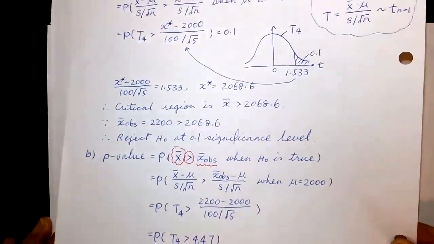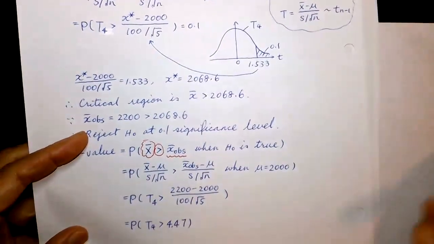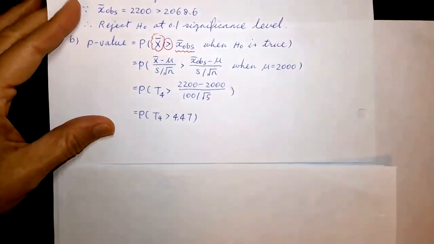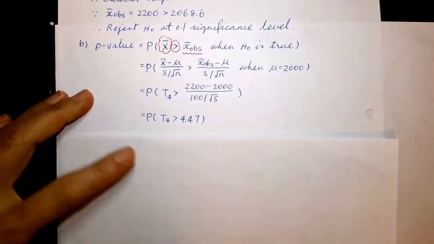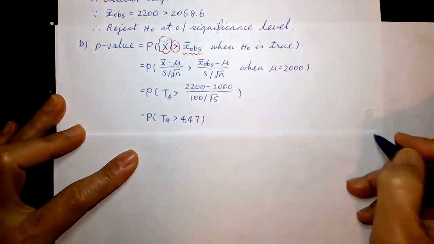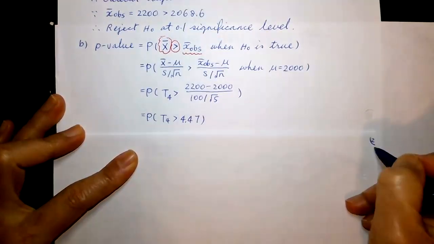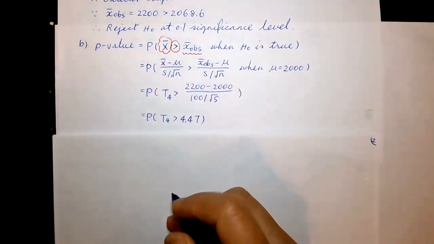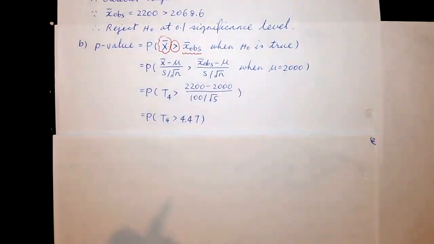I showed you how to do this trick, but I don't know if you still remember. We have to do a little trick here because this 4.47 is most likely not available on the T table. Okay, I have to find the T table somewhere.